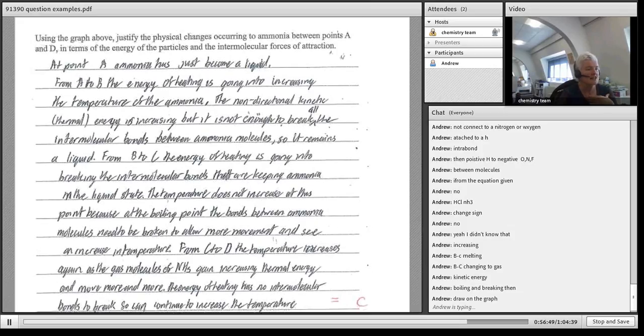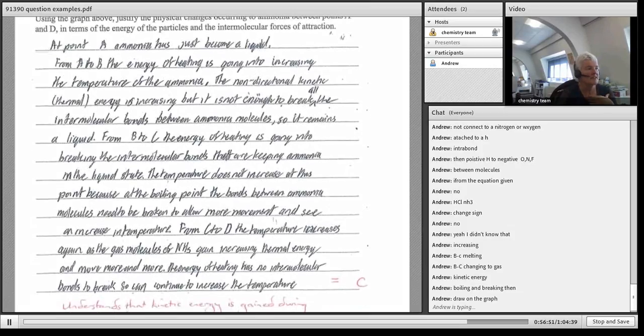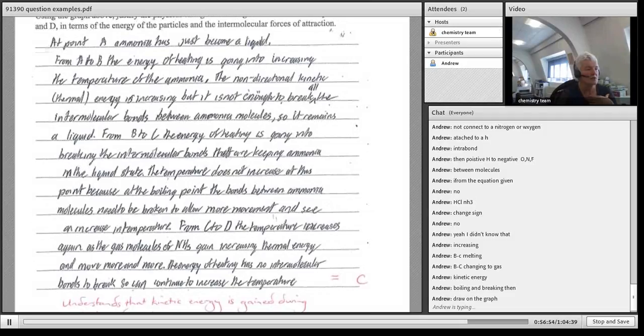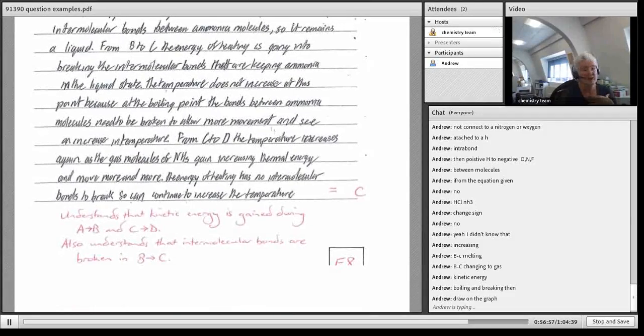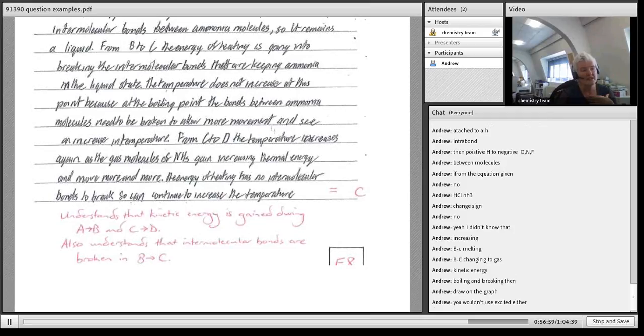Here's now an example of that in-depth one. So he got comprehensive, and so got an E8. 1C would have given him E7, and you could use excited in terms of, but we tend to talk about electrons getting excited.